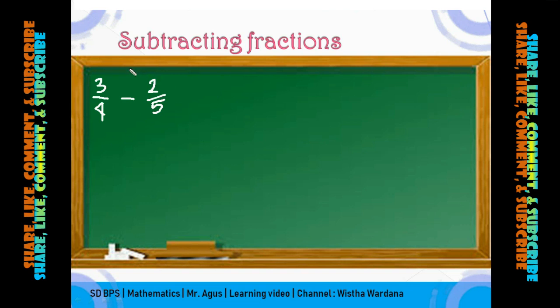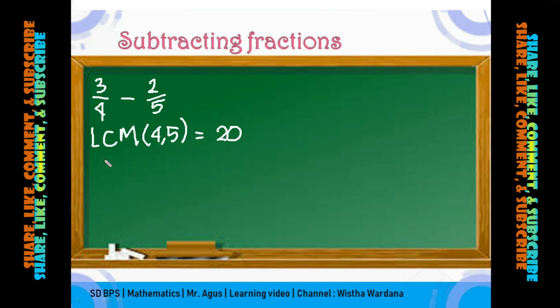We have unlike fraction here, 3 per 4 and 2 per 5. Their denominator is different. Like I told you, you have to find the LCM of their denominator. So, the LCM of 4 and 5 is 20.